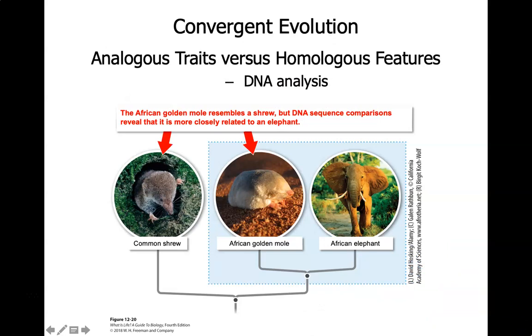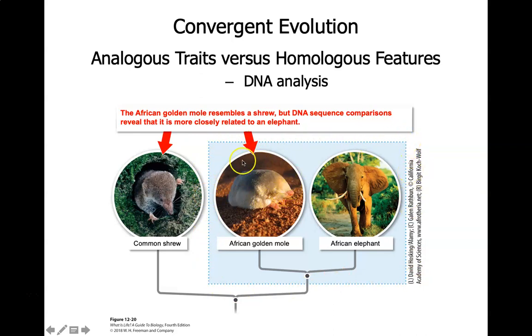So let's look at another example of convergent evolution. If you were looking at this little shrew and this African golden mole, if you were looking just at physical characteristics, you might put them in the same group. They live in similar habitats, they have fur, they have similarly shaped noses, but when you actually look at DNA evidence, it allows you to separate what is an analogous trait and what are homologous DNA features.